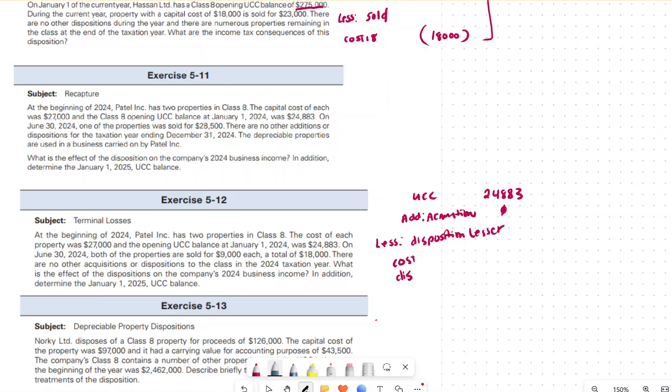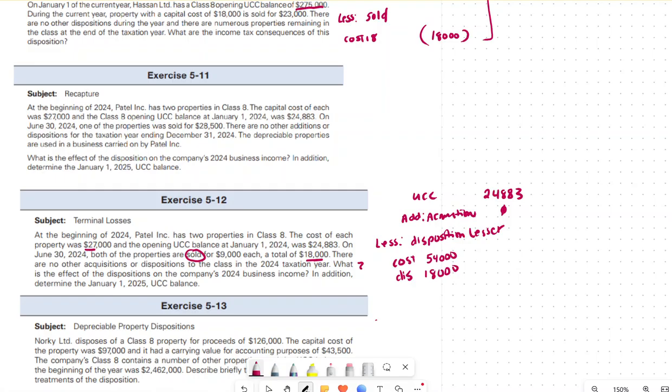The cost of each was 27 and you multiply by two because there are two properties, so the cost will be 54,000, and the sale position is 18,000.